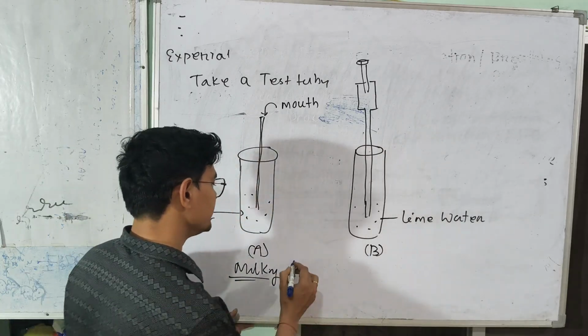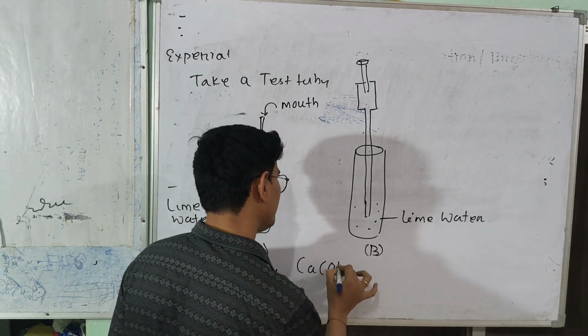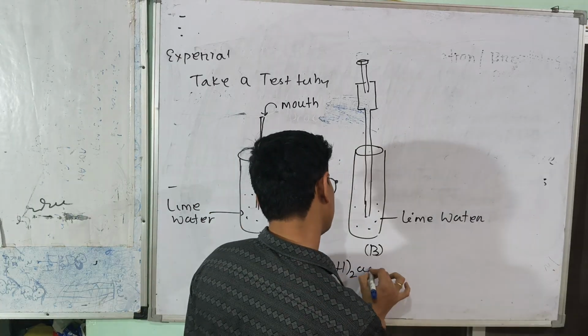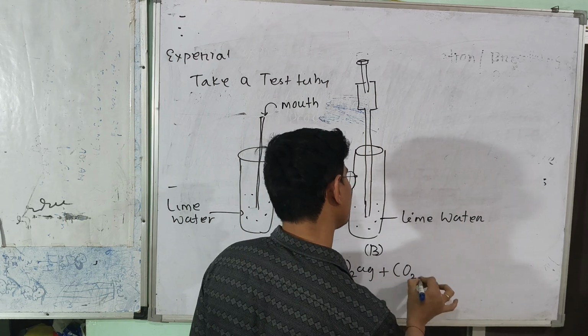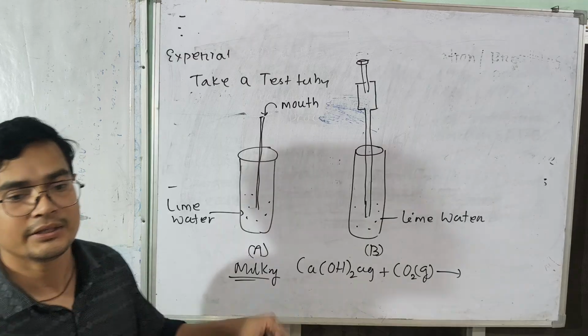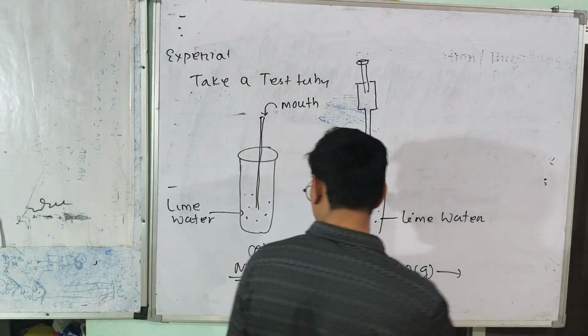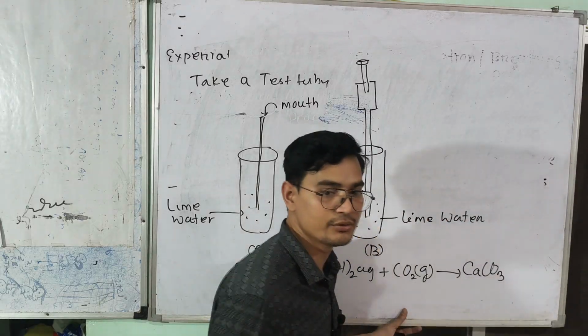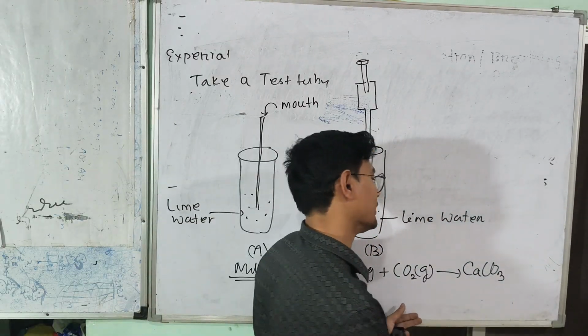Here the equation is lime water, Ca(OH)2, an aqueous solution, and we provide carbon dioxide, a gas, and it generates CaCO3 plus water.